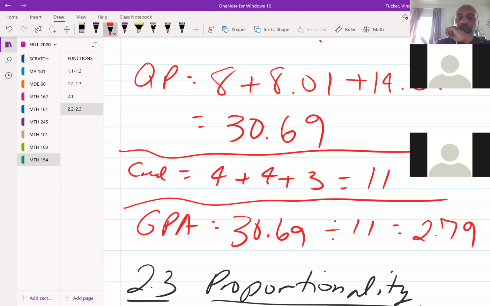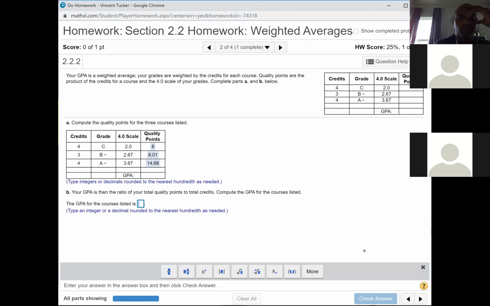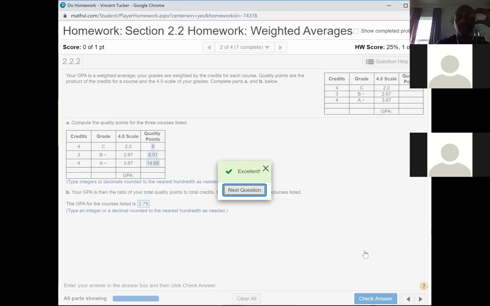Credits was 4, 4, and 3. That adds up to 11. Then divided that 30.69 by 11, I got 2.79. So Sharon, that should be, and always pay attention to your directions. They want us to do our decimal to the hundredths place, so we're good to go. 2.79, and that's the answer.